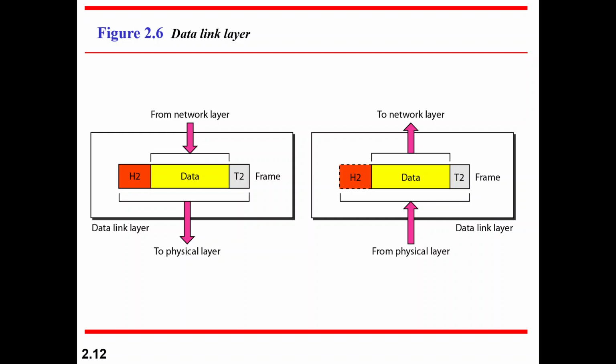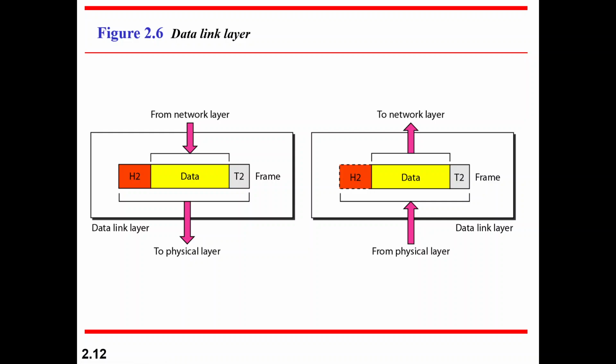The data link layer divides the stream of bits received from the network layer into manageable data units called frames. Second function, physical addressing. If frames are to be distributed to different systems on the network, the data link layer adds a header to the frame to define the sender or receiver of the frame.